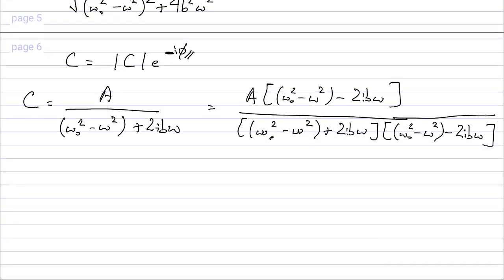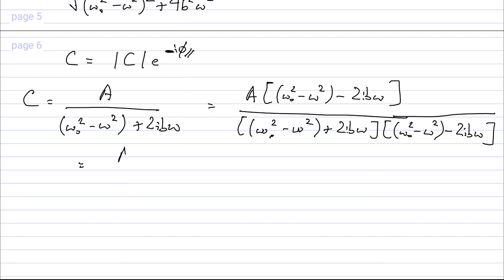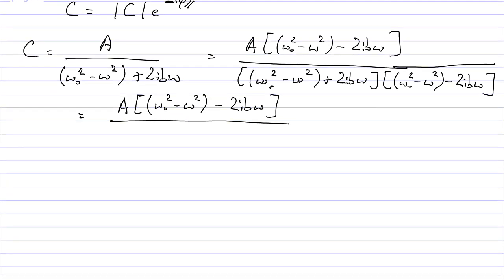And this whole thing is A times omega naught squared minus omega squared minus 2ib omega, divided by omega naught squared minus omega squared, whole squared, plus 4b squared omega squared. That's what you have.